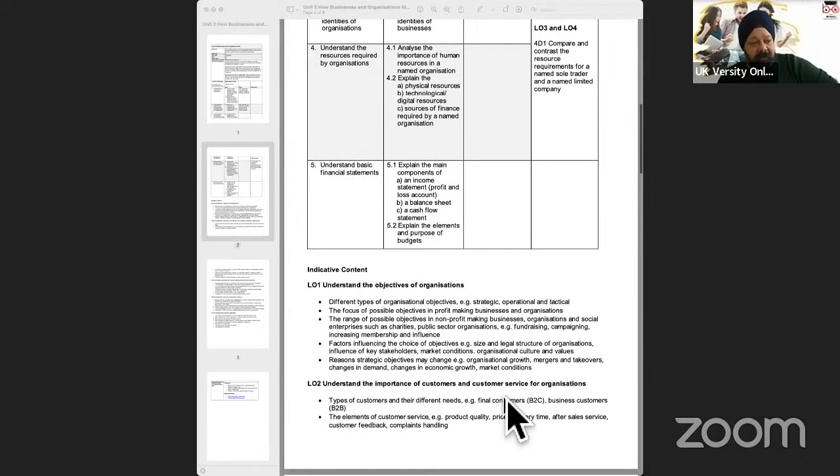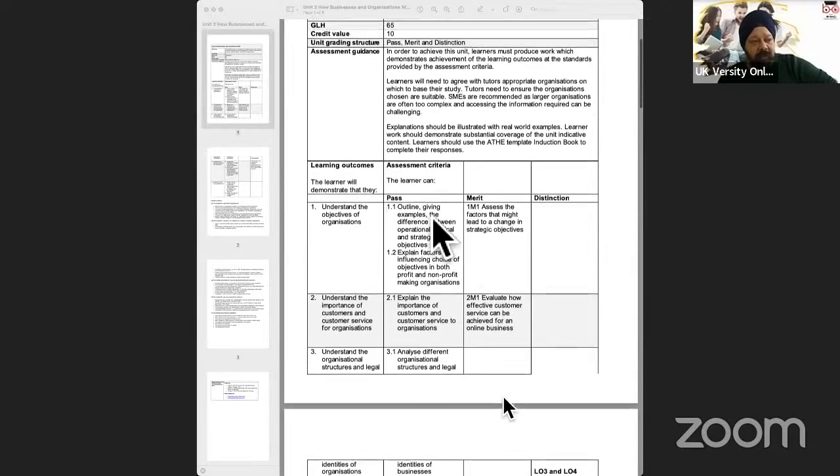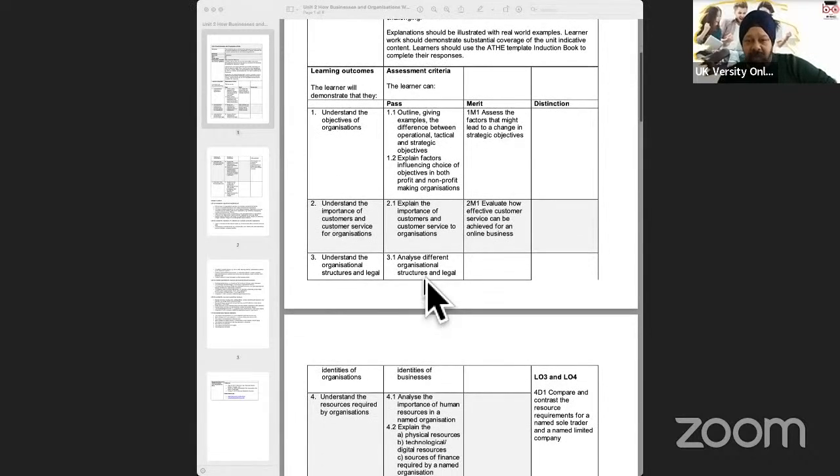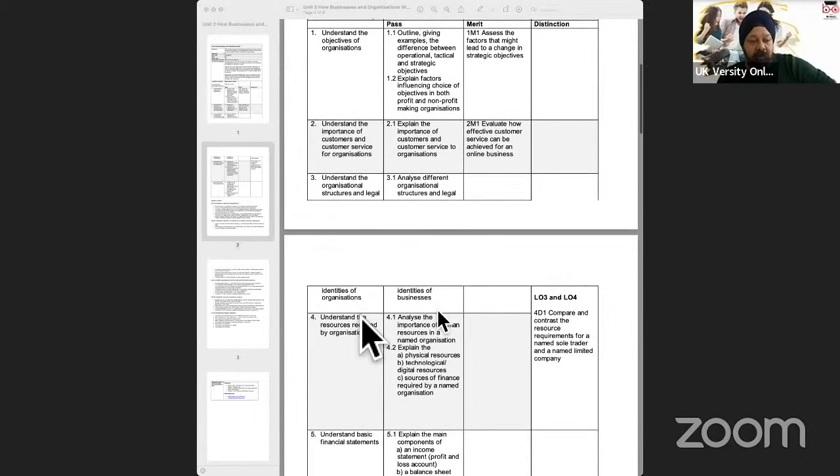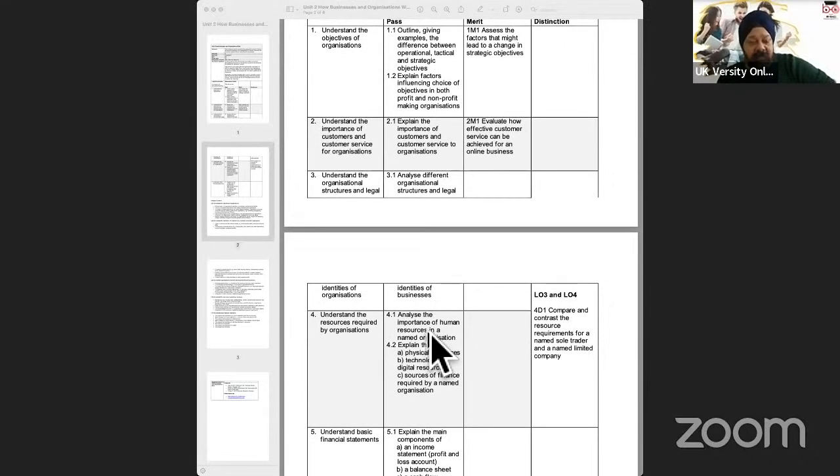So all in all, there's a good amount of indicative content, but it starts and flows with understanding how organizations are set up, what are the key reasons or strategic reasons and objectives which organizations have, the importance of customers and customer service. Then we go into the legal status and type of organizational structures, followed by human resources and different types of resources which are required to run a business.